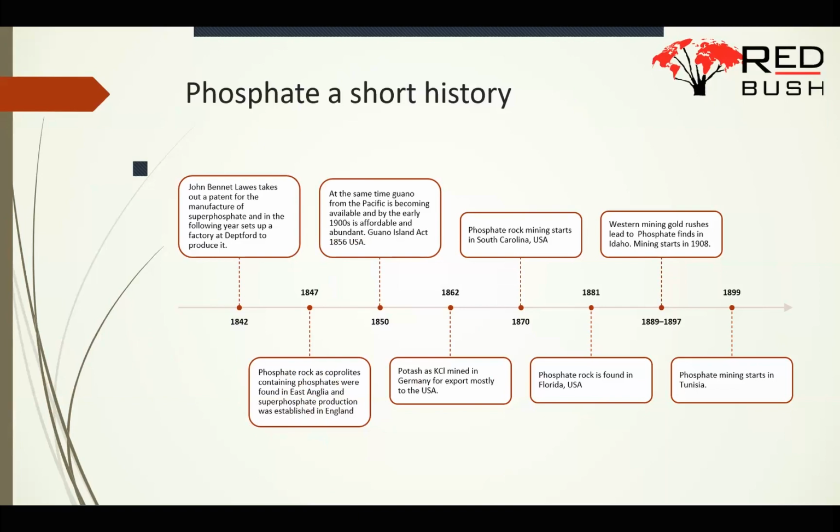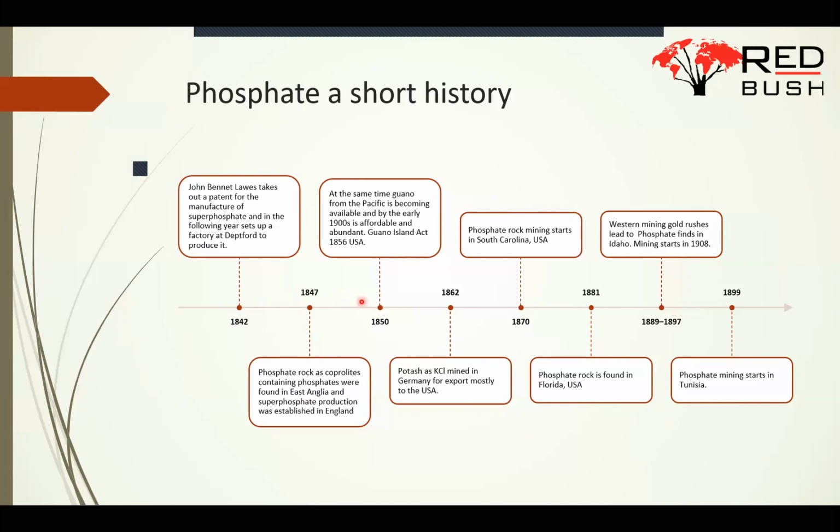They're able to mine it, and he produces the first superphosphate in England. His company, which he founds in 1847, lasts until 1968, so it produced fertilizer for 120 years. At the same time, we have guano coming in.